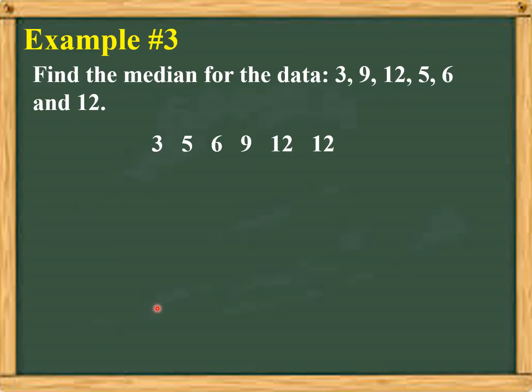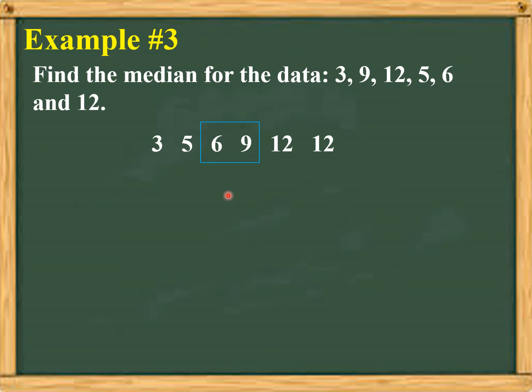Let's continue. Let's have example number 3. Find the median for the data 3, 9, 12, 5, 6, and 12. Again, we're still looking for median. Always remember that when it comes to median, we need to arrange the given data first, from lowest to highest or vice versa. So, we will have 3, 5, 6, 9, 12, 12.